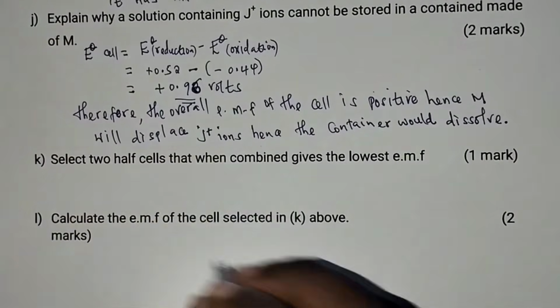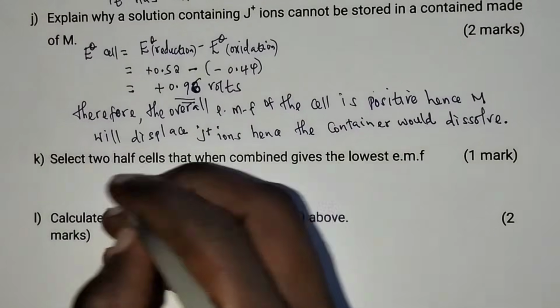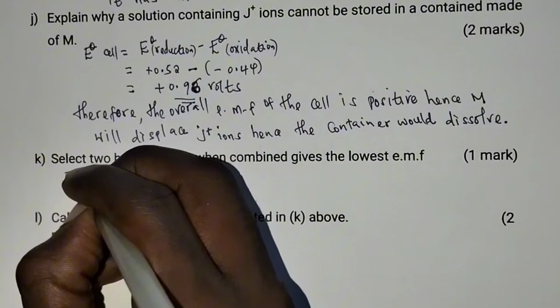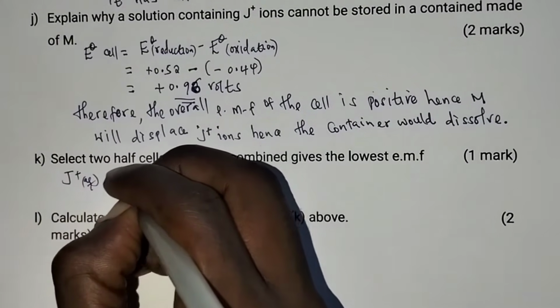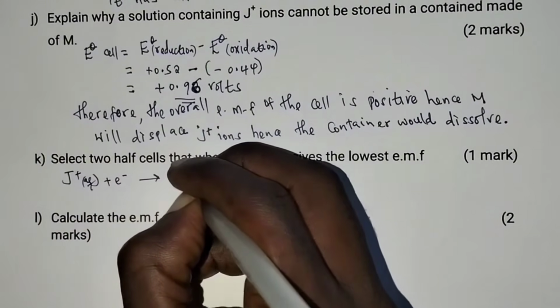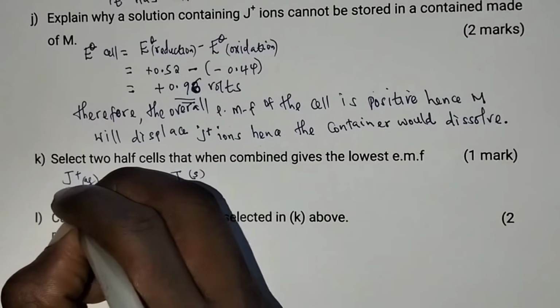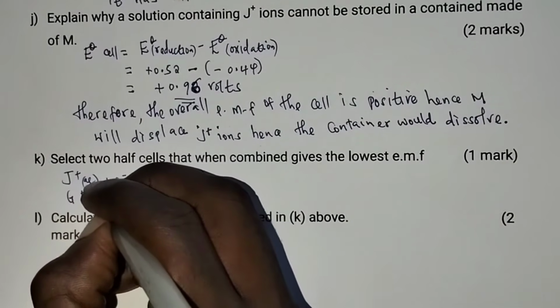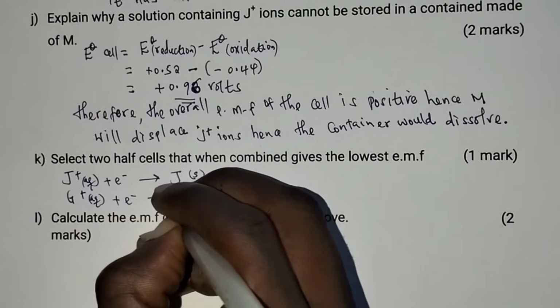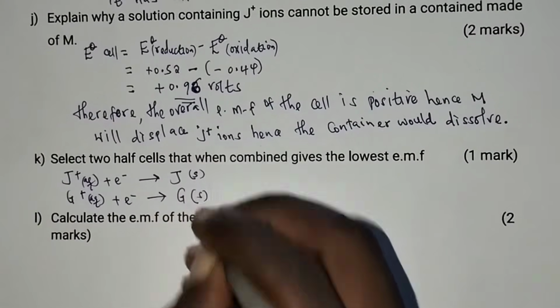So the half cells there will be J ion aqueous plus electron giving us J solid. The other one there will be G ion aqueous plus electron giving us G solid.